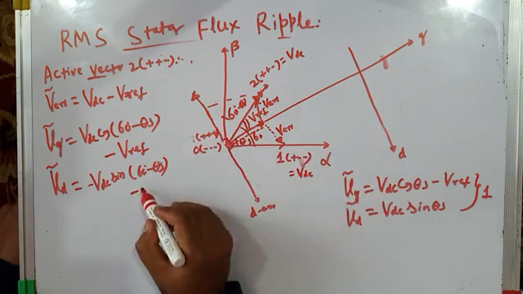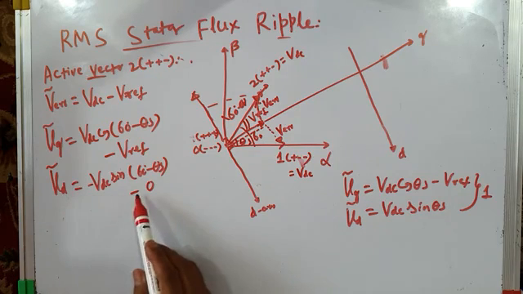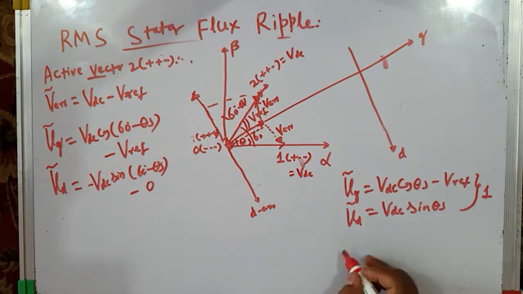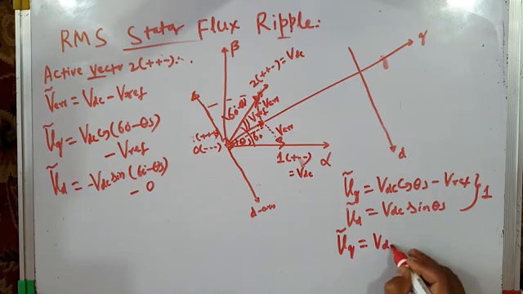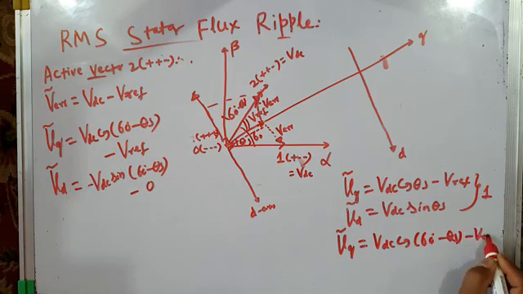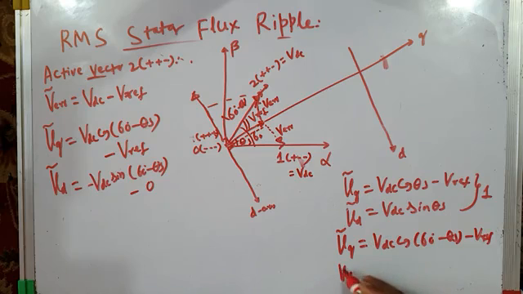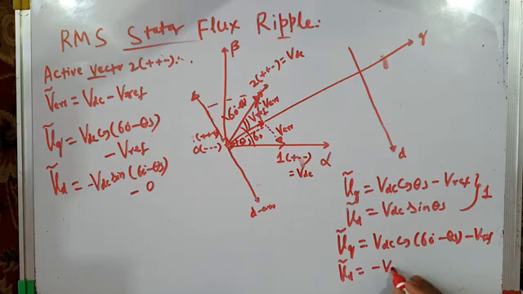Since this angle is 90 degrees, it is minus 0. So this is the D axis component of the error voltage vector when active vector 2 is applied. I will write it here. The Q component of the error voltage vector when active vector 2 is applied is VDC cos of 60 degrees minus theta s minus Vref, and the d-axis component is minus VDC sine of 60 degrees minus theta s. That's it.